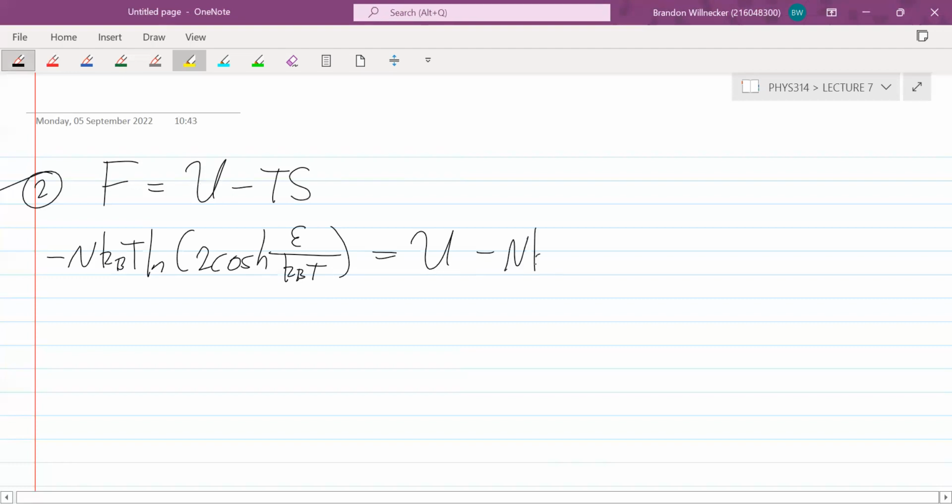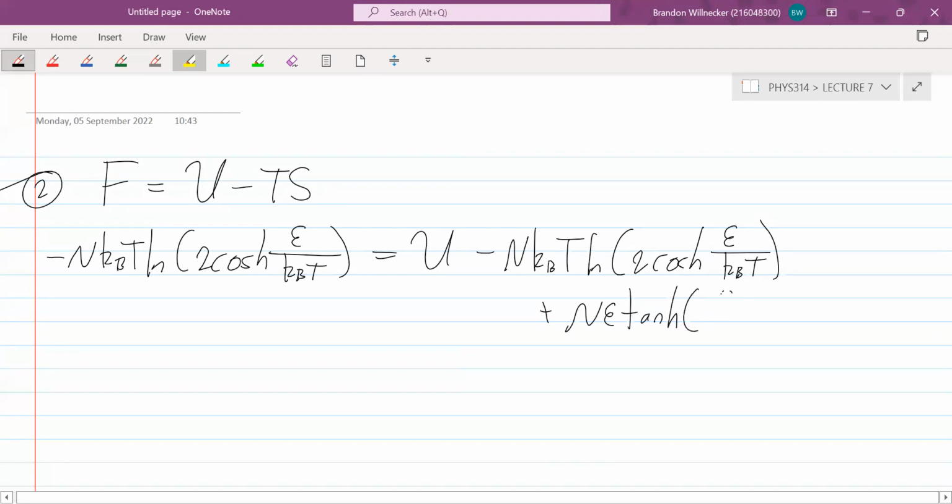So that's minus NKBT natural log of 2, again, hyperbolic cosine epsilon over KBT. And then we had that extra term, but now with the plus, N epsilon over T tan hyperbolic epsilon over KBT.